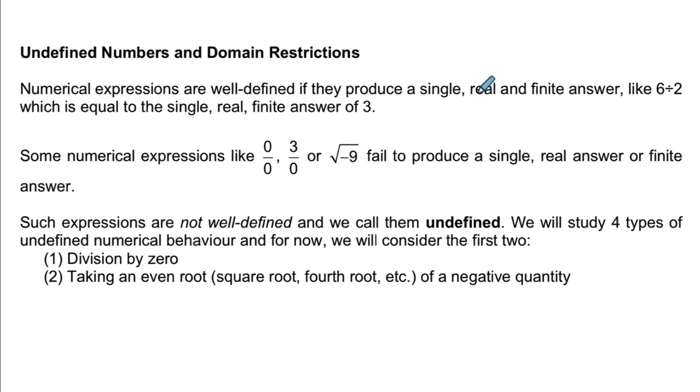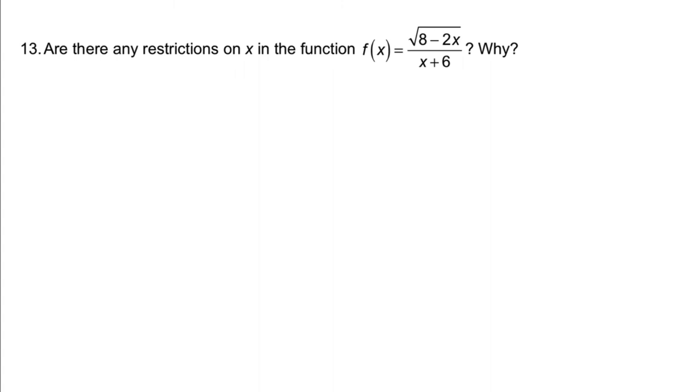Other numerical expressions are not well defined, such as 0 divided by 0, 3 divided by 0, or the square root of -9. We will deepen our understanding as we go through the course, but for now, we just want to avoid dividing by 0 or taking an even root, like a square root or a fourth root, of any negative quantity.